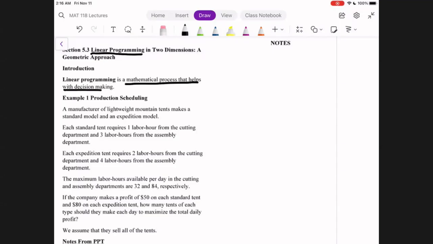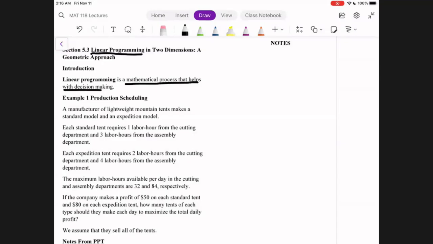It could be for supplies, it could be money, it could be how many workers you have for running a business. And what are you trying to maximize whenever you run a business? Profit, right? You always want the highest profit or the highest revenue, probably. And sometimes you want to minimize what? The cost.